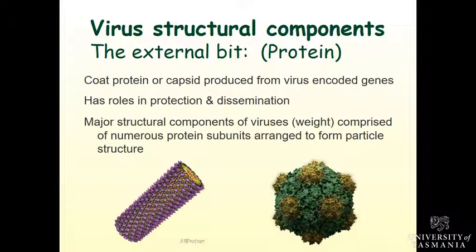But the way it gets recognised and picked up is by this external coat protein. Usually an insect vector can recognise it, pick it up and carry it from plant to plant. So it has a role in both protecting the genome and in moving it from plant to plant.